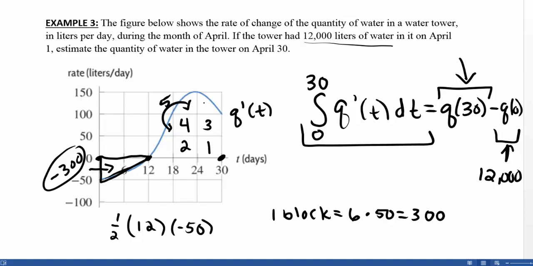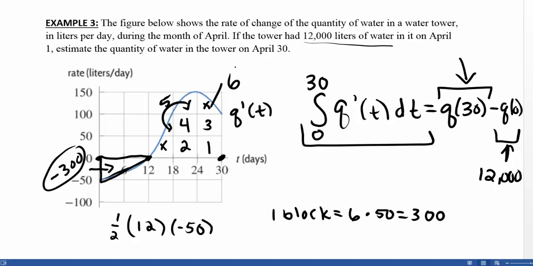And then these two together, I think, would form the 6th block. So I'm going to estimate that there's roughly 6 blocks under the curve. I strongly encourage you to only use whole numbers and half numbers, because if you try to make it more complicated than that, then your approximation is going to get tricky.